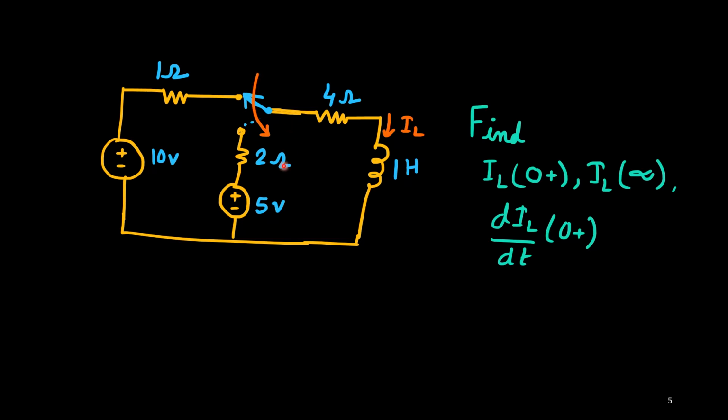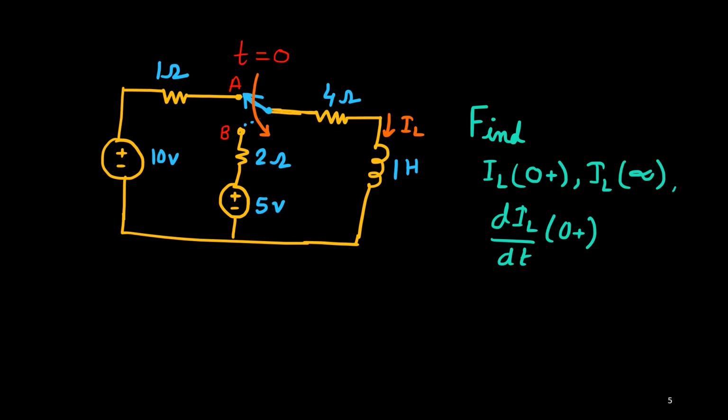And here there is a switch, and suppose it is switched at t equal to 0. It is switched from this point to this point. Means suppose earlier it was connected to A, now it is connected to B at t equal to 0. Right?